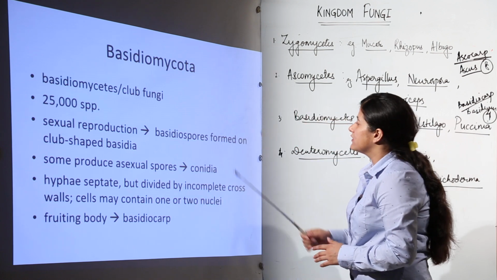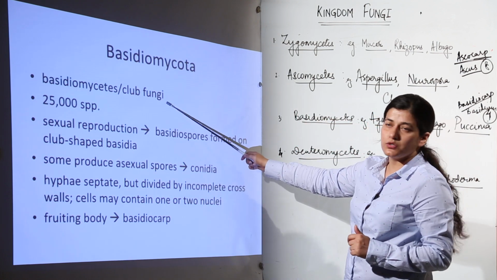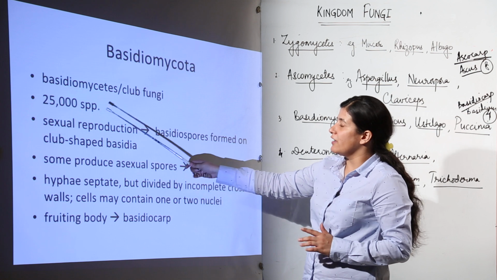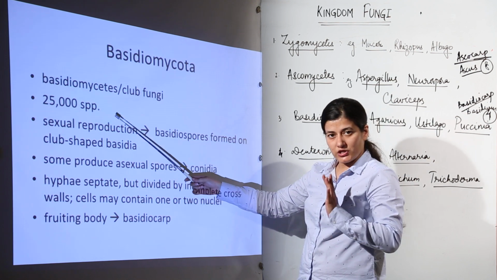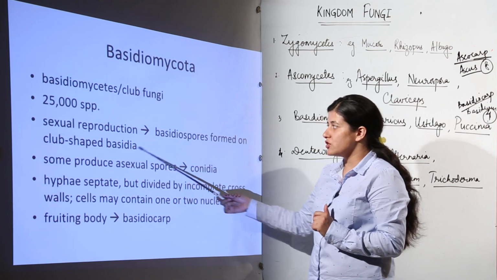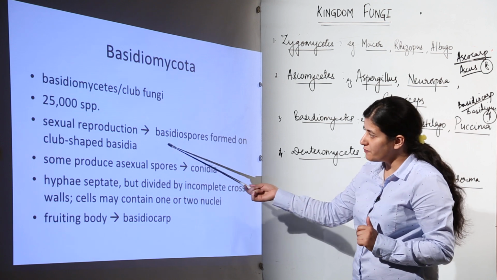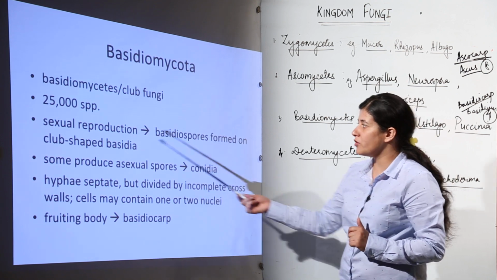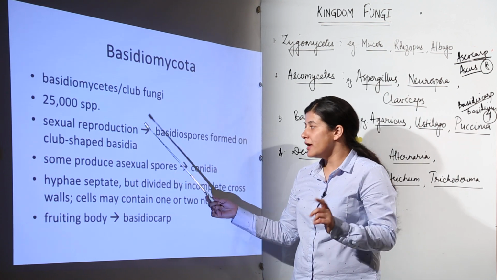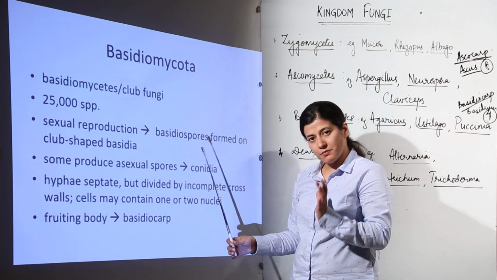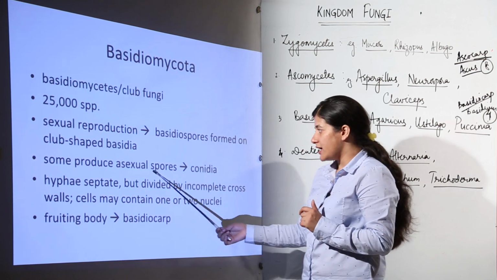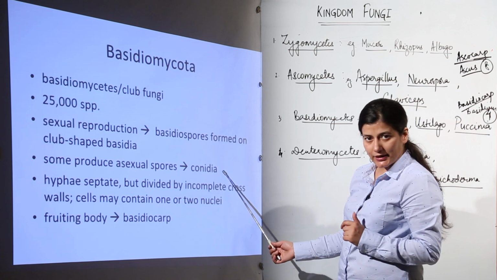Let's see the class characteristics. They are also known as club fungi. They have almost 25,000 species that have been discovered. The sexual reproduction is by means of basidiospores, which are formed on club-shaped basidia, present in the basidiocarps. Some produce asexual spores known as conidia.